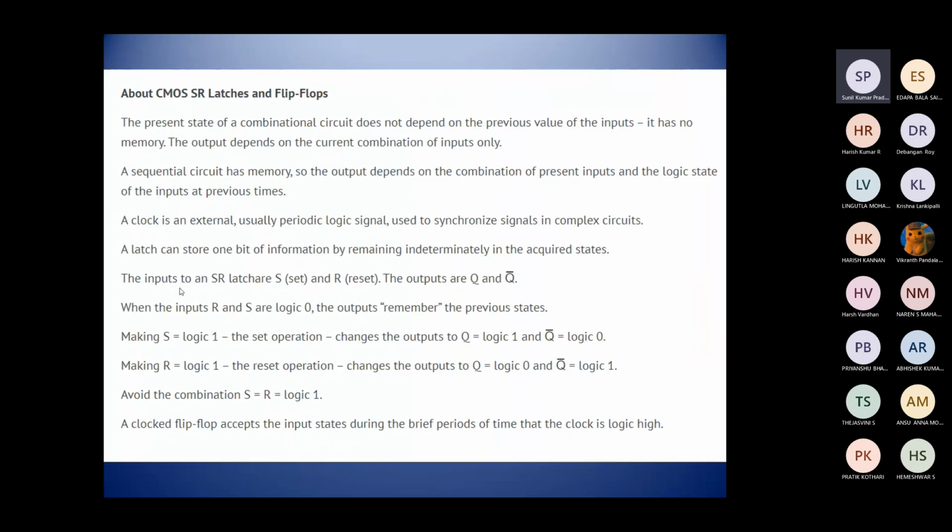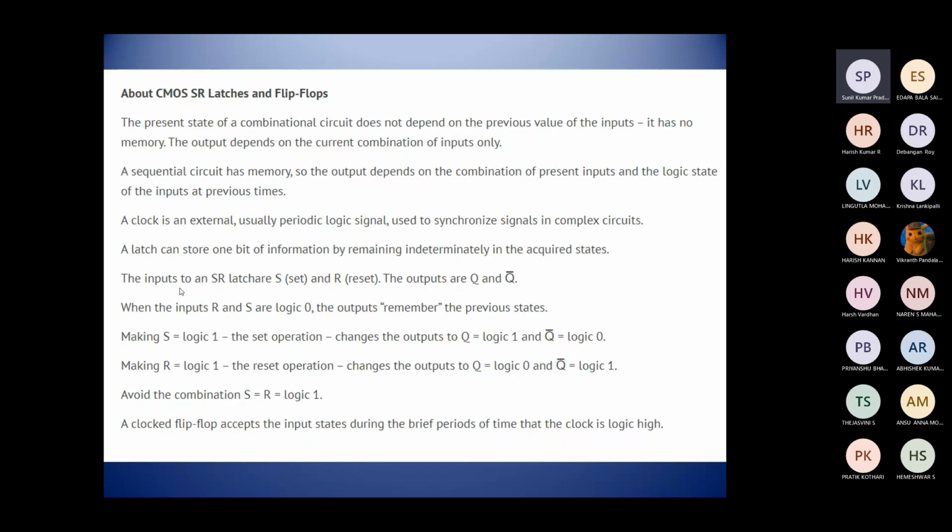So about CMOS SR latches and flip-flops, we can finally conclude that the present state of a combinational circuit doesn't depend on the previous state of the inputs. It has no memory, and the output depends on the current combination of the inputs only. This is all about the combinational circuit, because there are no memory elements present in the combinational circuit.